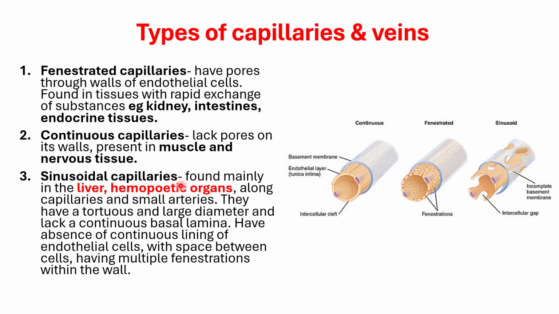Talk about the lymph nodes, talk about the spleen, and other structures. So sinusoidal capillaries, that's where you find them: in the liver, hematopoietic organs, the bone marrow, the spleen, the lymph nodes.